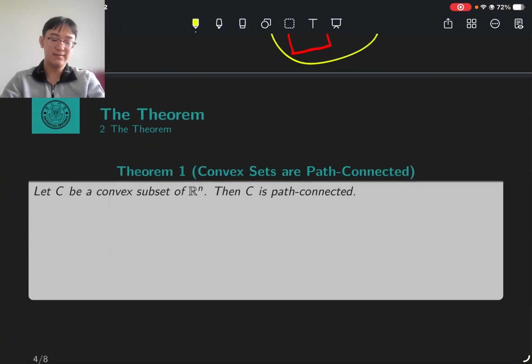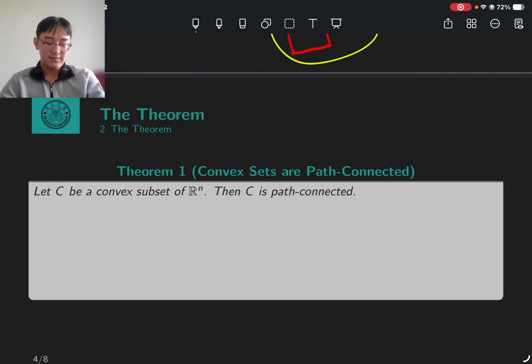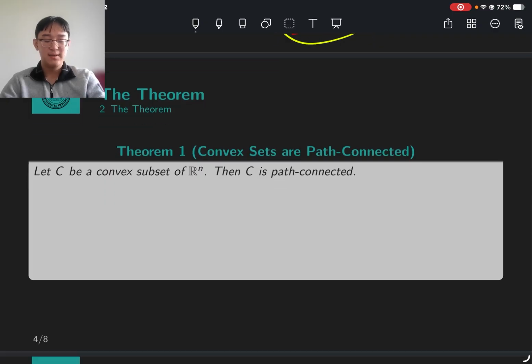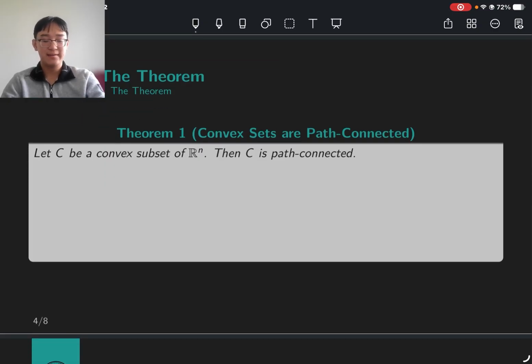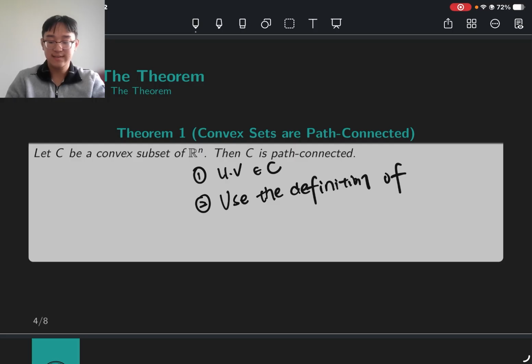After the definitions, let's prove the theorem: let C be a convex set, then C is path connected. So here is my proof strategy. First, let's take two arbitrary points, U and V, inside the set C, and then we use the definition of a convex set.